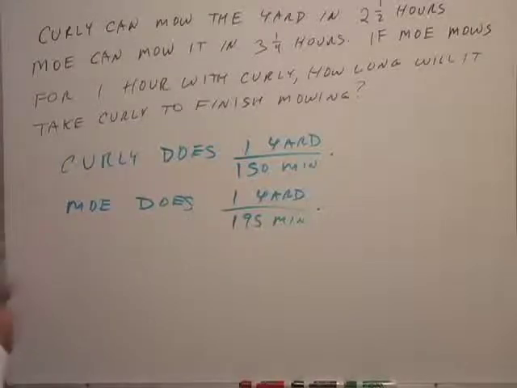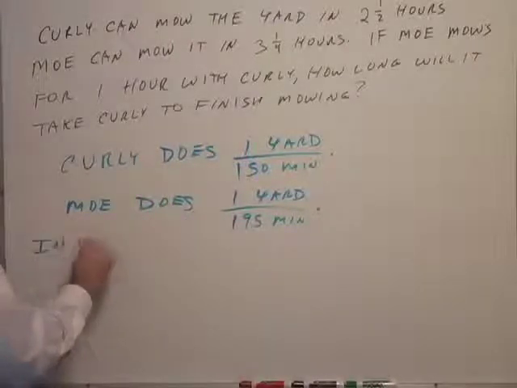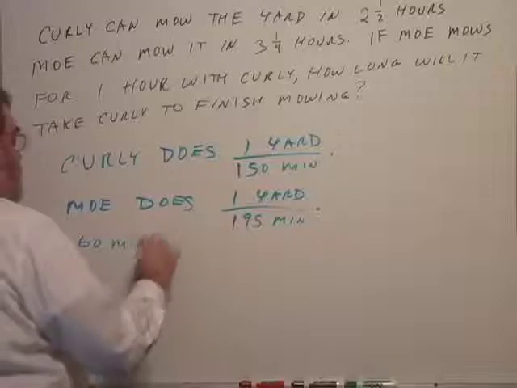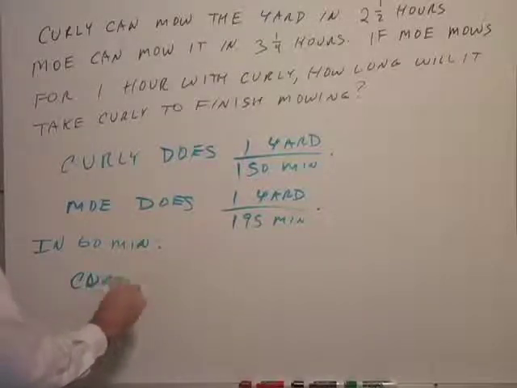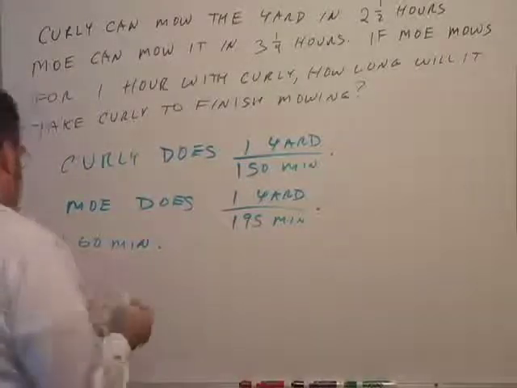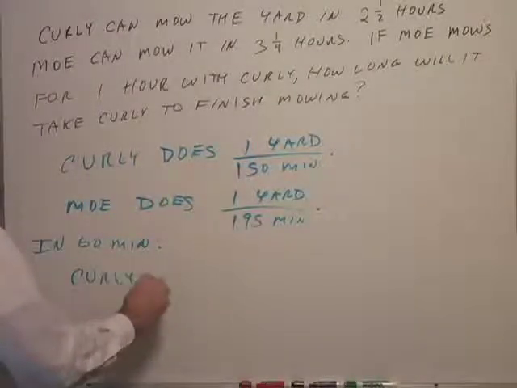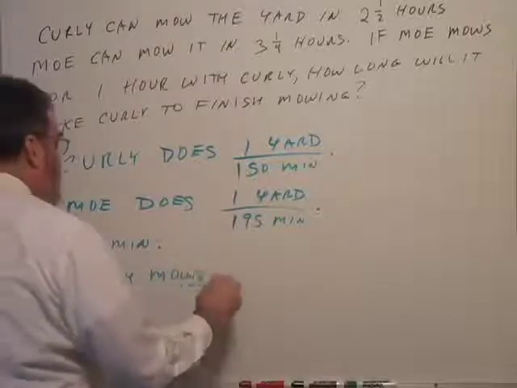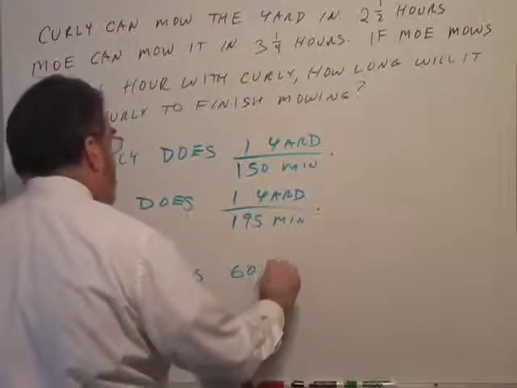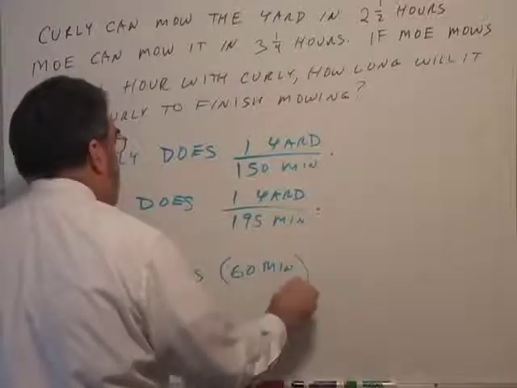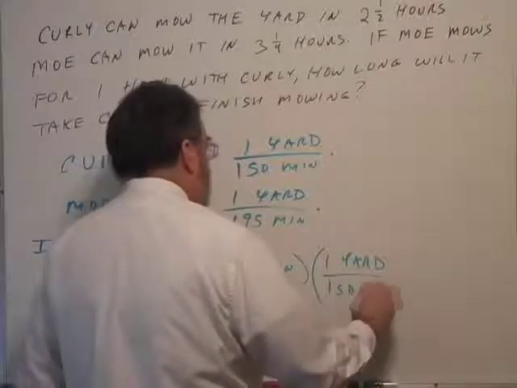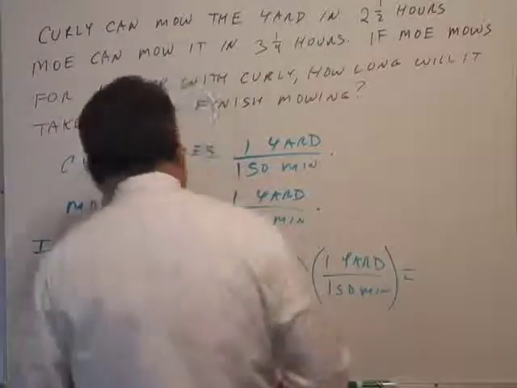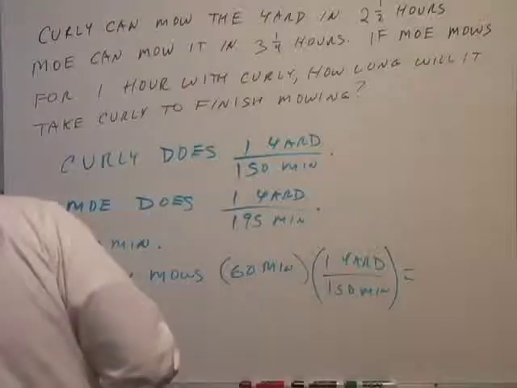All right, so let's see. In 1 hour, 60 minutes. So in 60 minutes, Curly mows, and if I multiply 60 minutes times the rate at which he mows, 1 yard per 150 minutes, then I get a fraction.